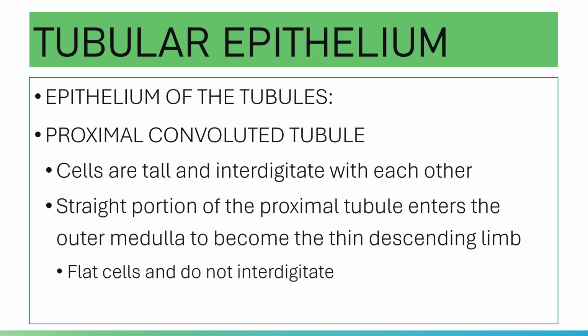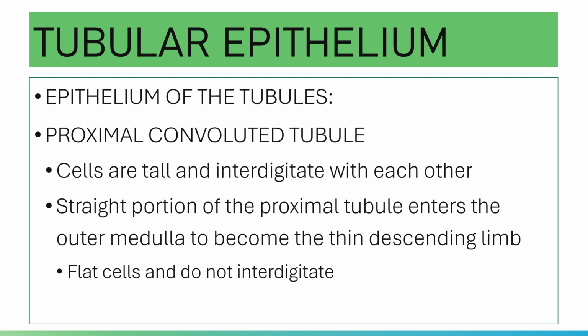The fibroelastic interstitial cells in the cortical areas near your proximal convoluted tubules are the cells responsible for the production of erythropoietin. And what does erythropoietin do? It is a hormone that stimulates the proliferation of red blood cell precursors.